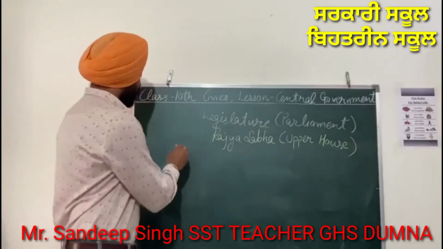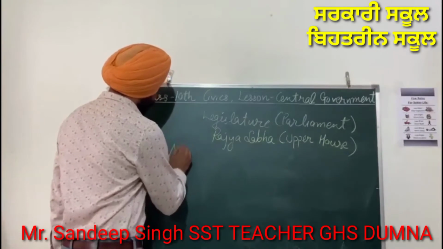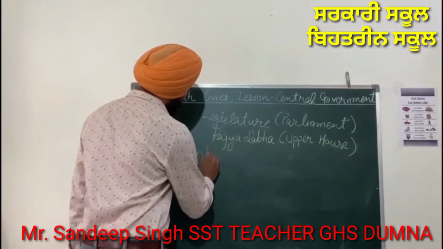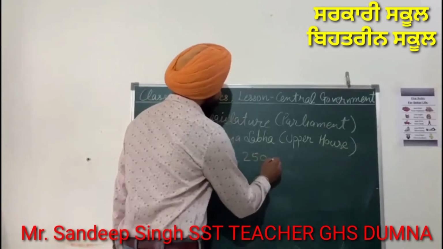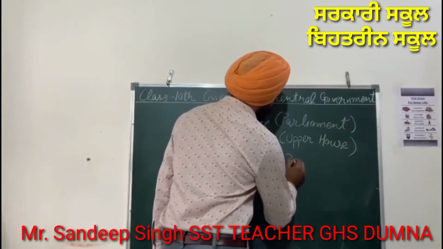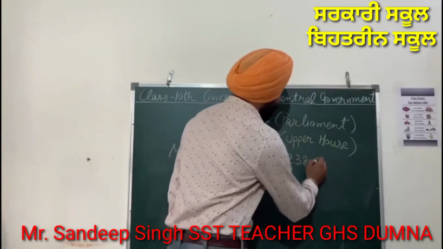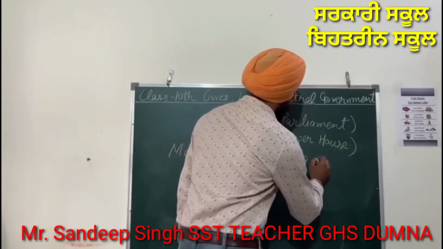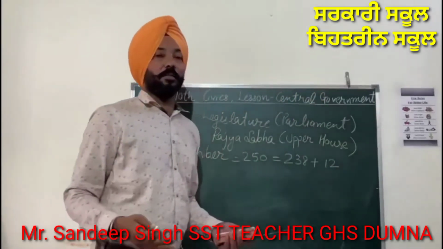The total number of the members of Rajya Sabha is 250. Out of which 238 members are elected from our states and 12 members are nominated by our president.